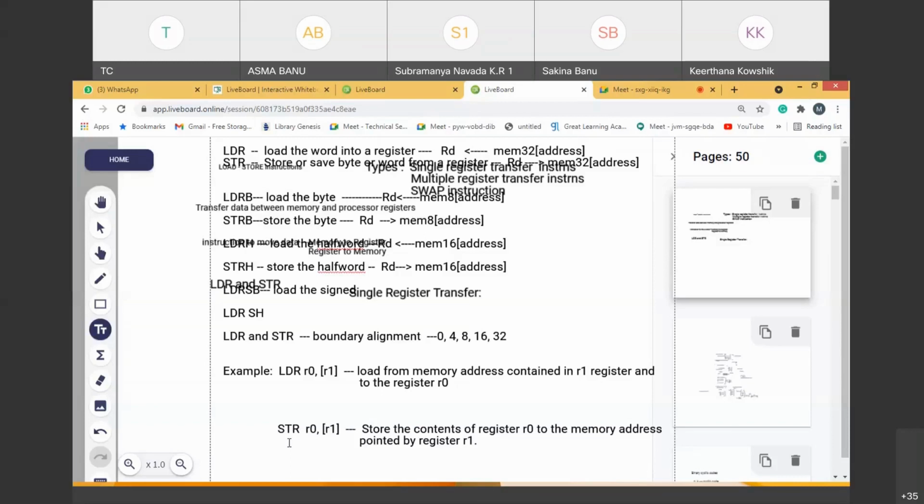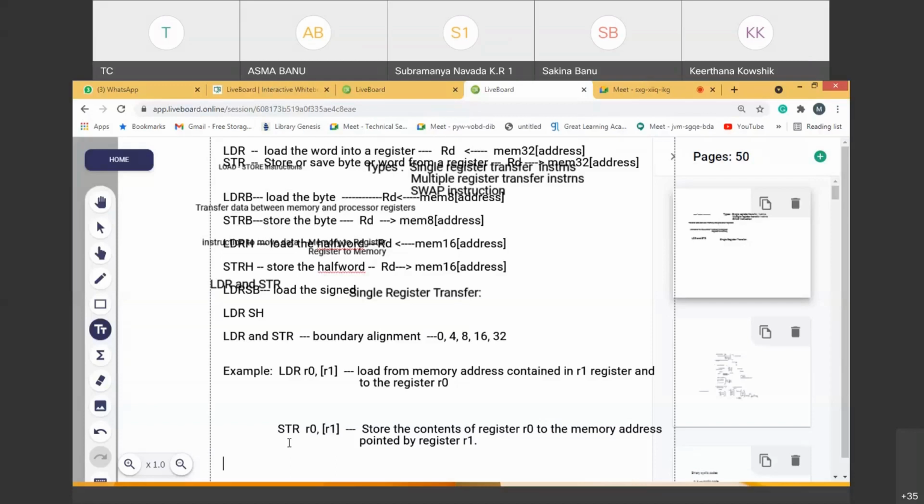If I don't have an offset, the offset is taken as #0. #0 means no offset address. The base address is always there. So please remember, the offset from the register R1 in this example is 0. R1 is there here, no offset is there.